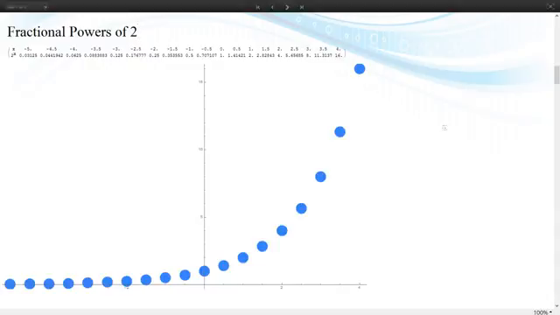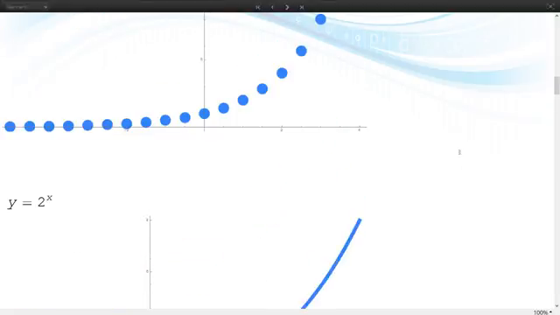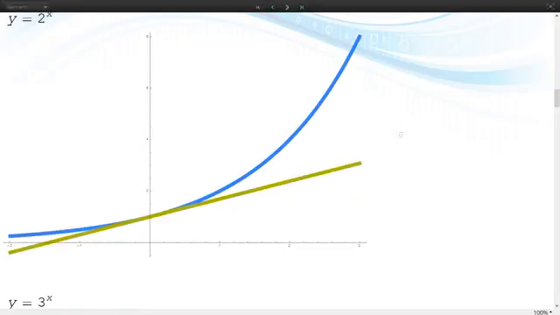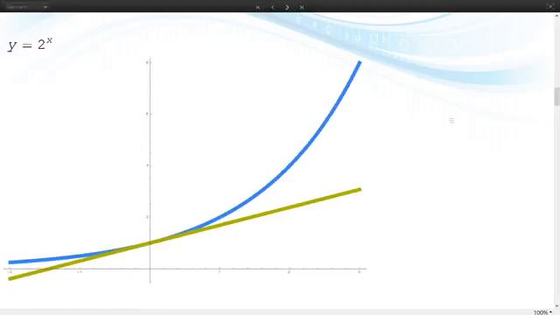But for those of you that have, the way we define the value of 2 to the x when x is irrational is we pick the value that makes 2 to the x a continuous function. Anyway, we can start connecting all these points in a way that makes a continuous function, and we get something that looks like the blue curve in this graph.